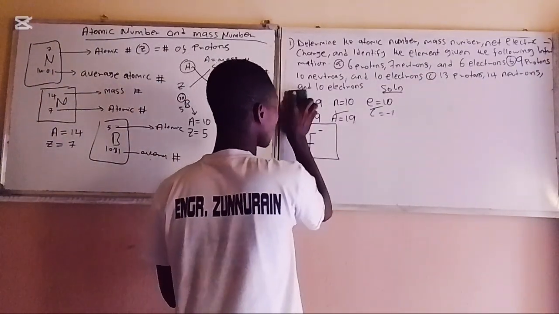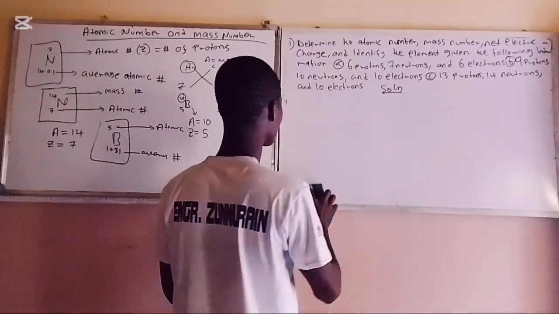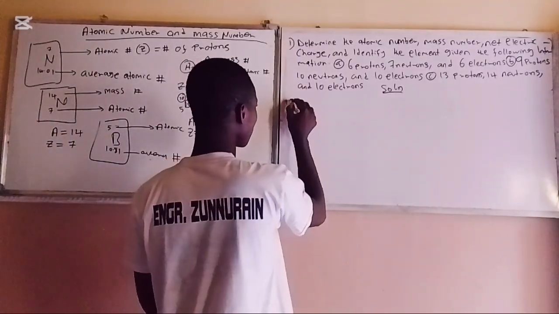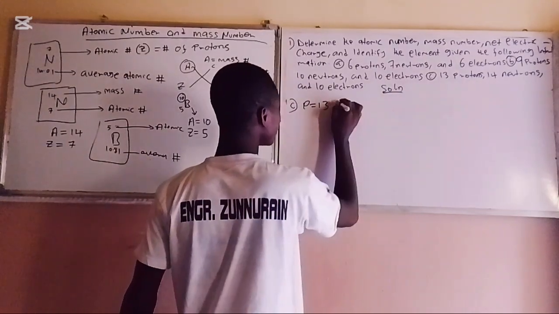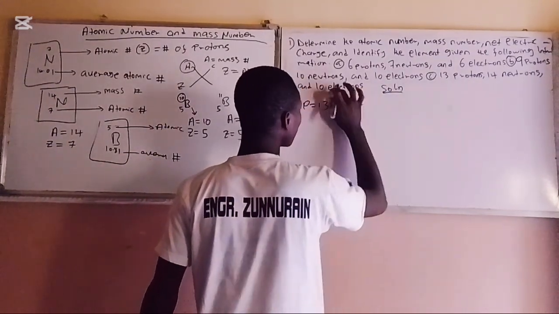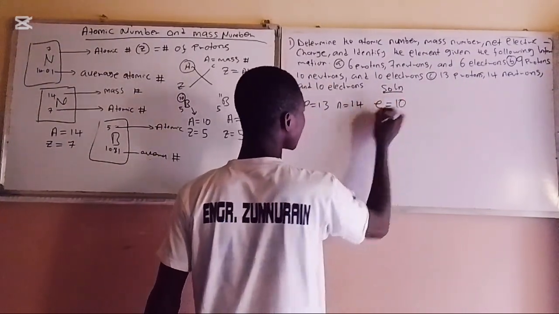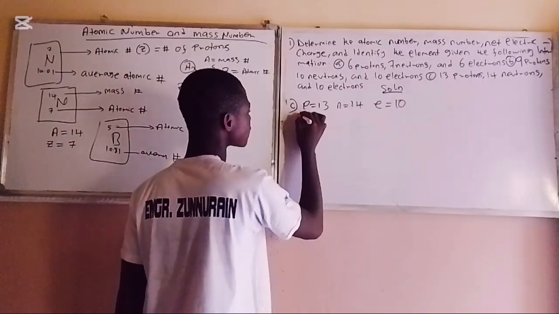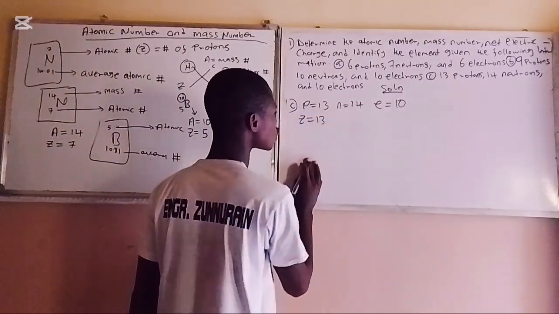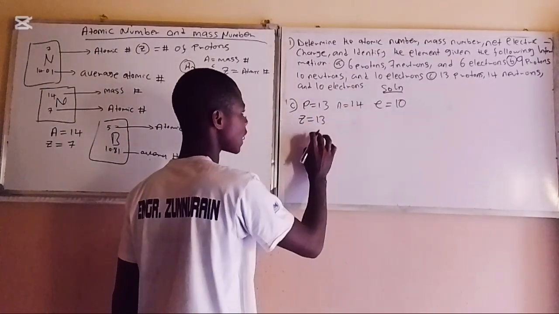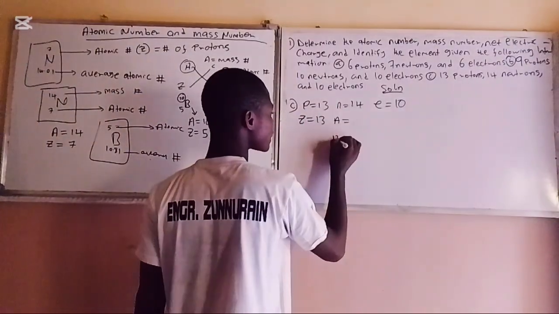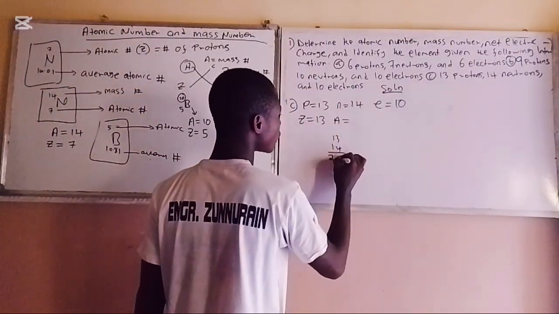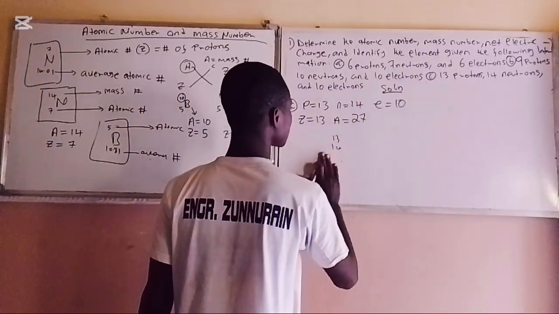So let's see the third question. The third question says the number of protons is 13, the number of neutrons is 14, and the number of electrons is 10. The atomic number is the same as 13. The summation of the protons and neutrons gives the mass number, 13 plus 14, which is 27.